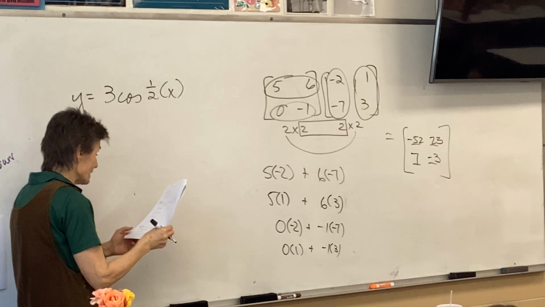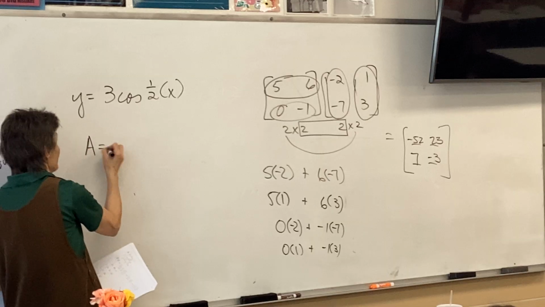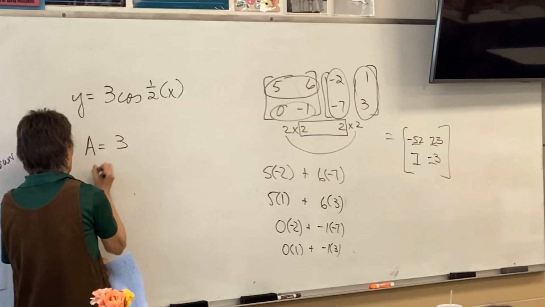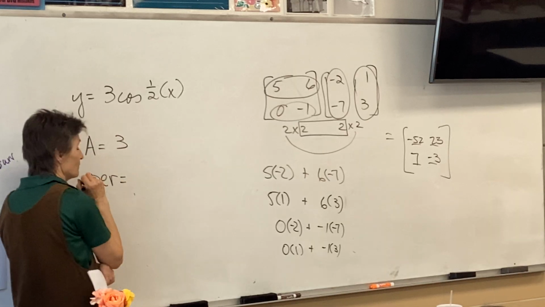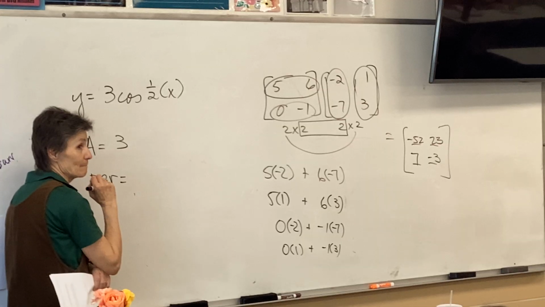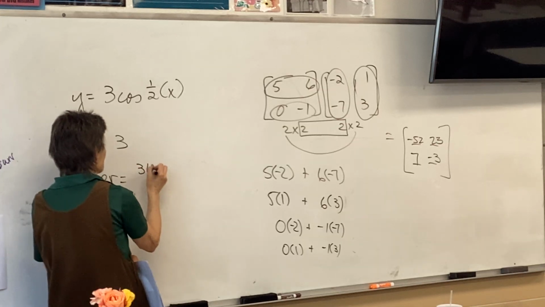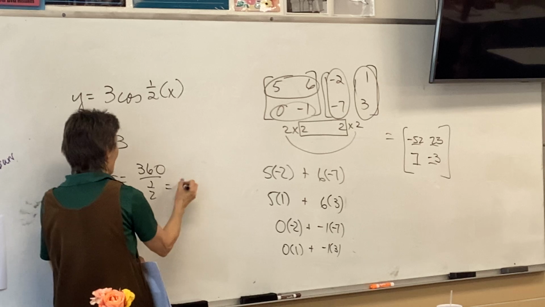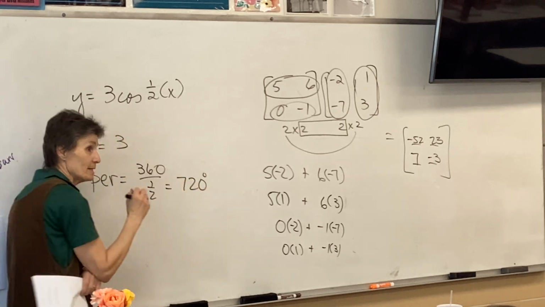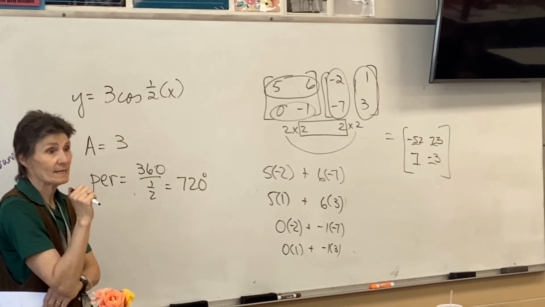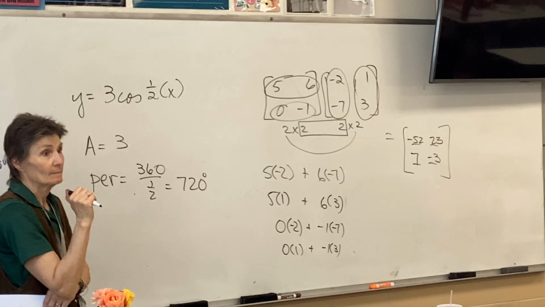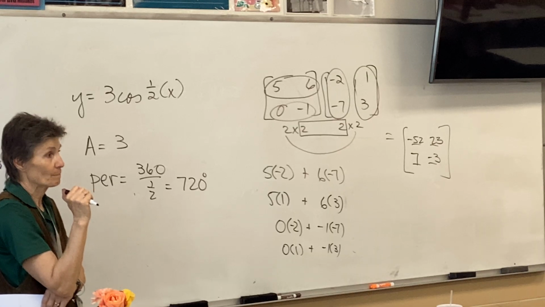So, what is the amplitude of this curve? 3. What is the period of this curve? 360 divided by a half, which is 720 degrees. Or if you did it in radians, it'd be 4 pi. Either one's fine.